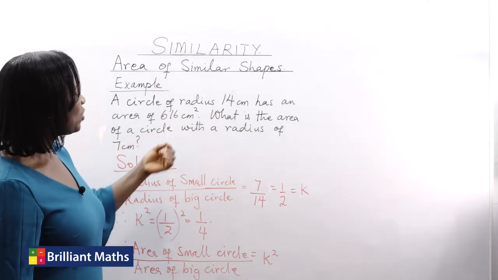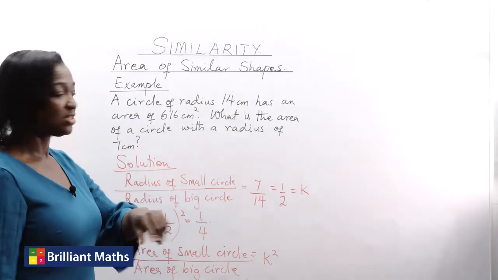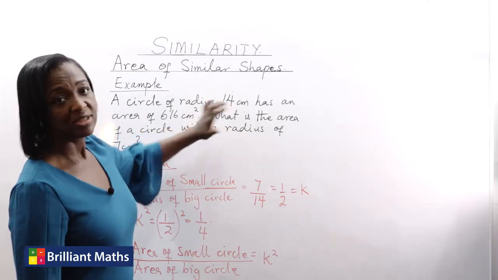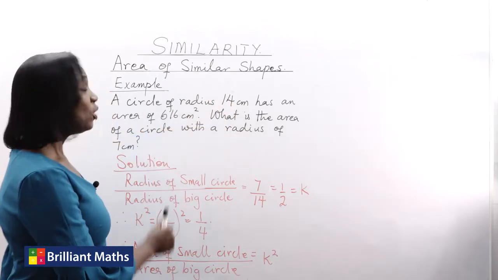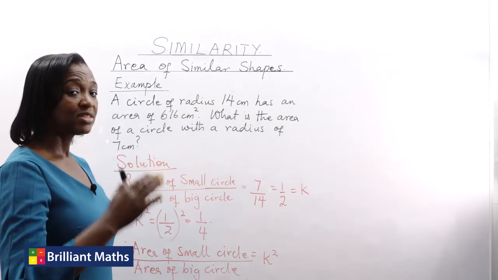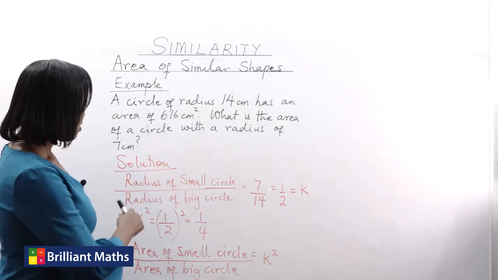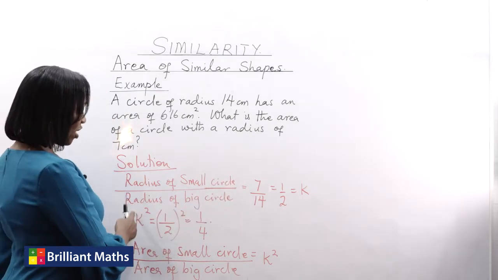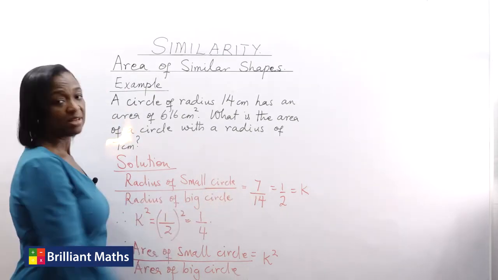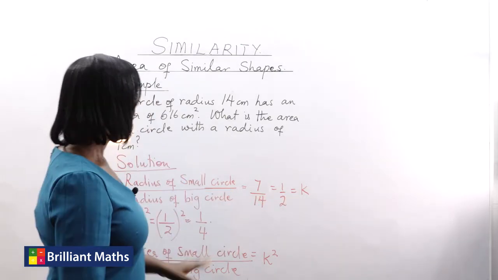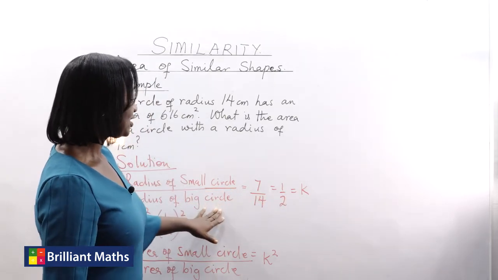From the information we have two linear measures, the radius of the small circle and the radius of the big circle. So that will give us our k, our scale factor. The radius of the small circle is 7, and the radius of the big circle is 14. So that means our k is half, putting the small circle over the big circle.